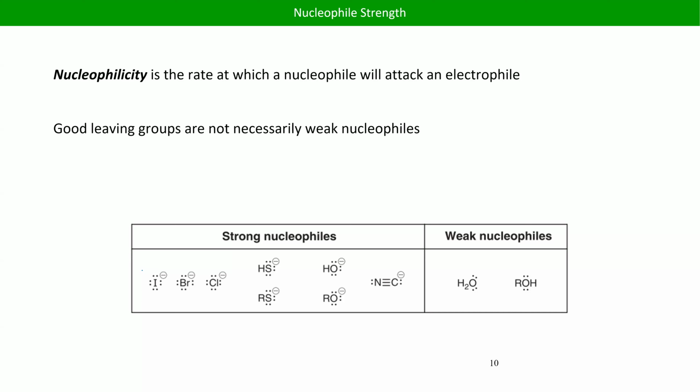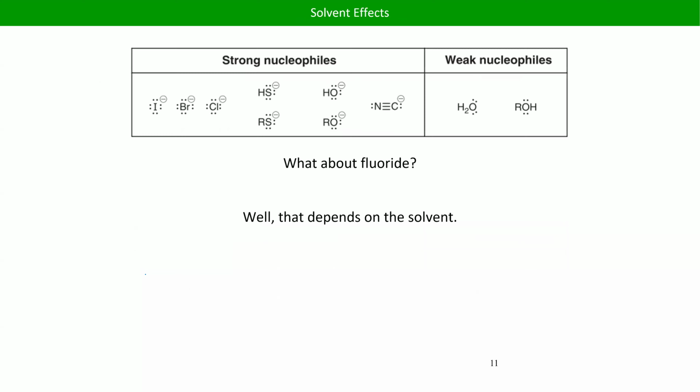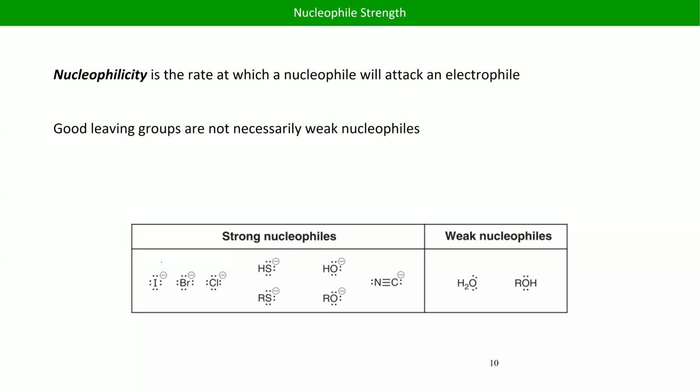And you can have something that's a good leaving group that's also a decent nucleophile. We'll talk about how solvent affects things because it turns out we can adjust how strong a nucleophile these halides are depending on what our solvent is.